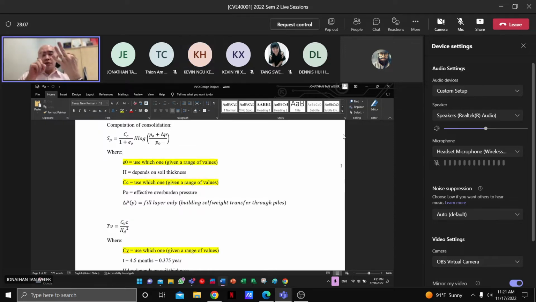Then borehole 2, you're going to do the same: compute, assess the consolidation, check for preloading. If preloading doesn't work, you go for PVD. Same thing with borehole 3. What this means is that you will end up with 3 different schemes. Based on borehole 1, you will have one design. Based on borehole 2, another design. Based on borehole 3, another design.